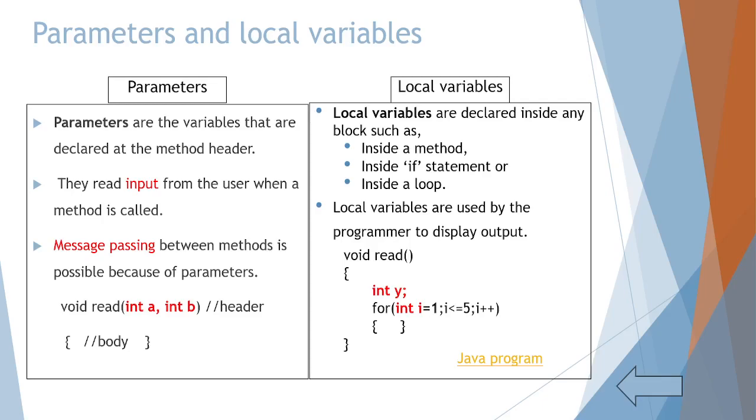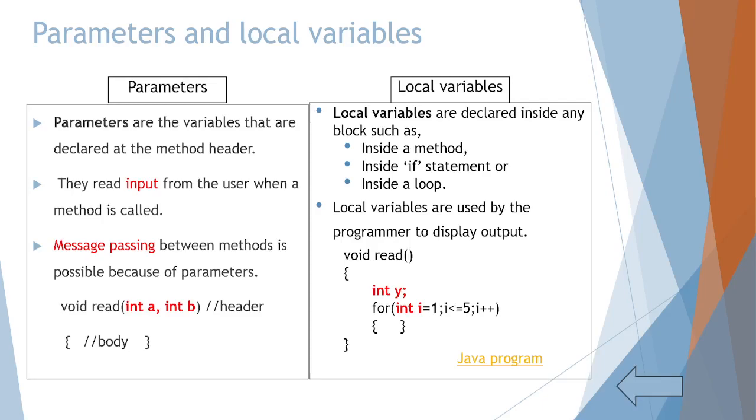Or message passing. Message passing can be done between two methods, or three methods, and is possible because of parameters. So parameters are the variables declared at the method header, with two possible uses: input or message passing.